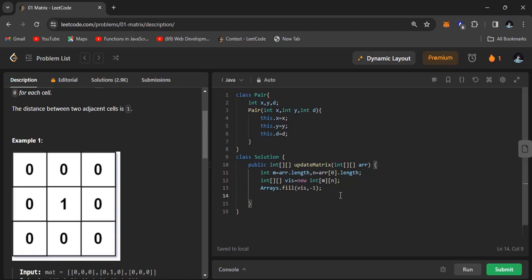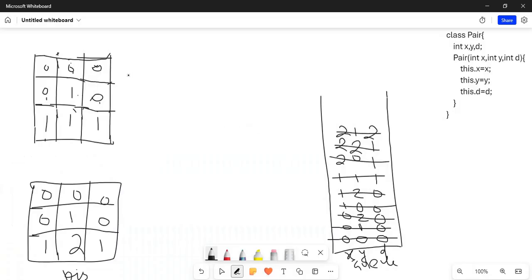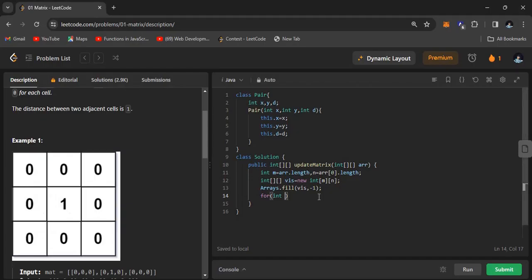Now next will be what? Traverse every cell in the grid, and if you find 0, then make visited of that cell 0 and put this value in the queue. I equals 0, i is less than m, i plus plus; j equals 0, j is less than n, j plus plus.